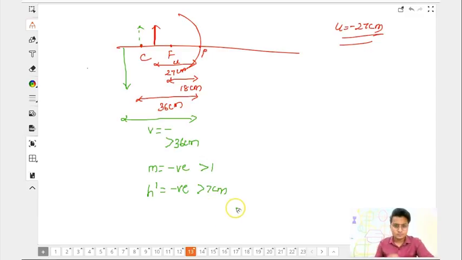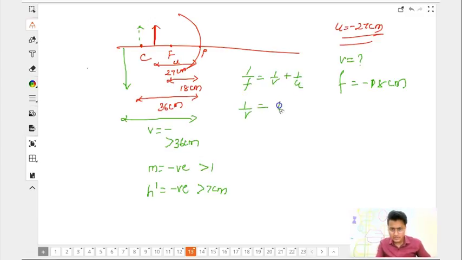Let me show you how fast you can do the mathematical calculation now with so much confidence. You need to find v, correct? Focal length given to you is minus 18 centimeter. Now you can just go with the formula: 1 by f is equal to 1 by v plus 1 by u. So 1 by v is equal to 1 by f minus 1 by u. 1 by v is equal to 1 by minus 18 minus of u. u is again minus 27, so this will become plus because negative negative is positive.